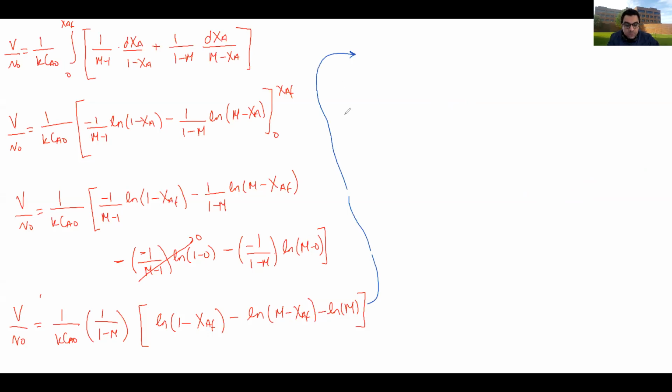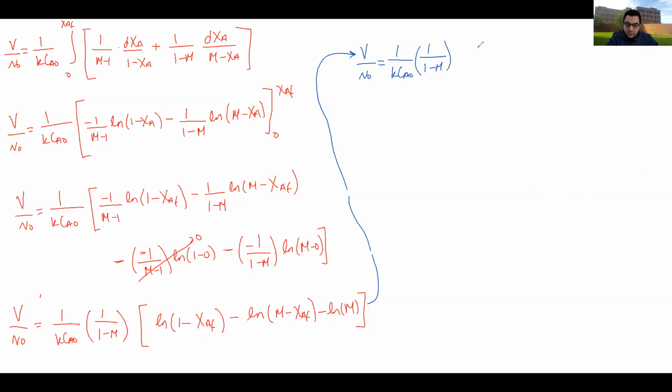So if I just plug in all of this stuff, I'm going to get V over V naught is equal to 1 over K CA naught into 1 over 1 minus M. And I'm just going to get the combined expression.